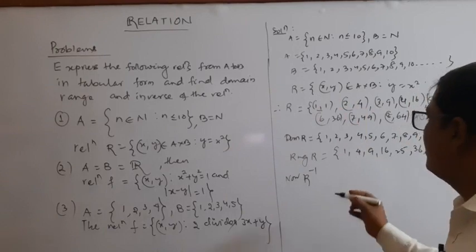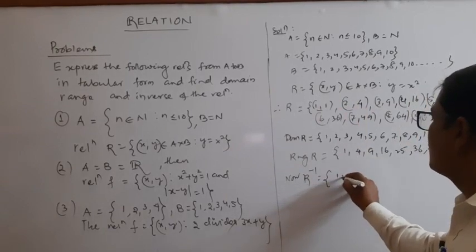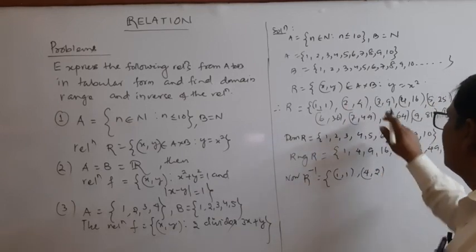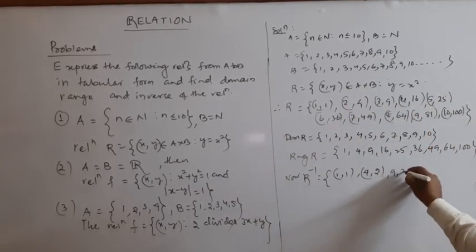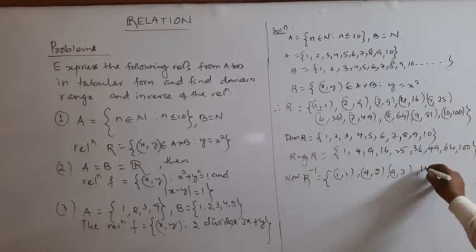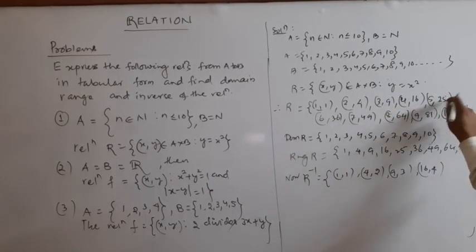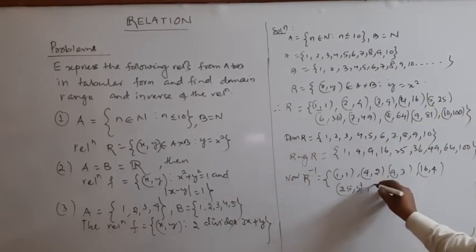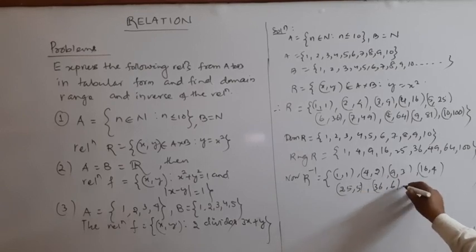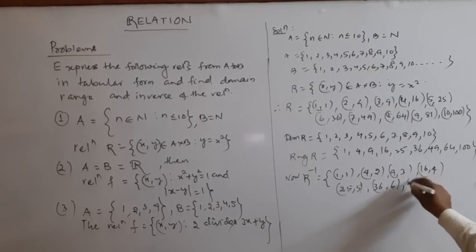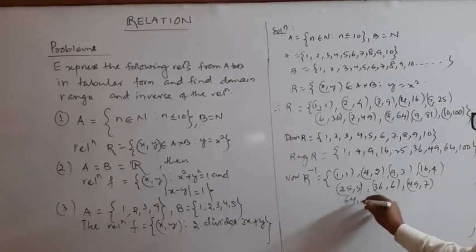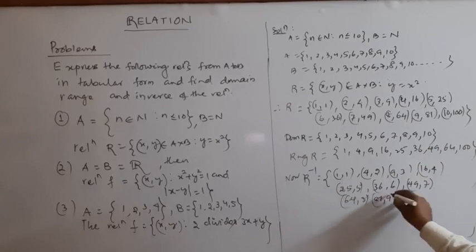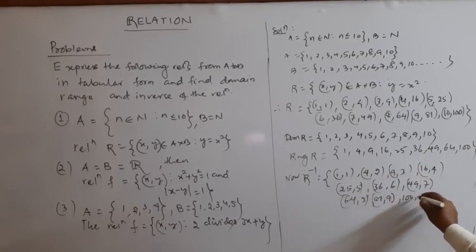So R inverse is equal to (1, 1), reversed it remains the same; (2, 4) becomes (4, 2); then (3, 9) here (9, 3); then (4, 16) here (16, 4); then (5, 25) here reverse is (25, 5); (36, 6), (49, 7), (64, 8), (81, 9), (100, 10).